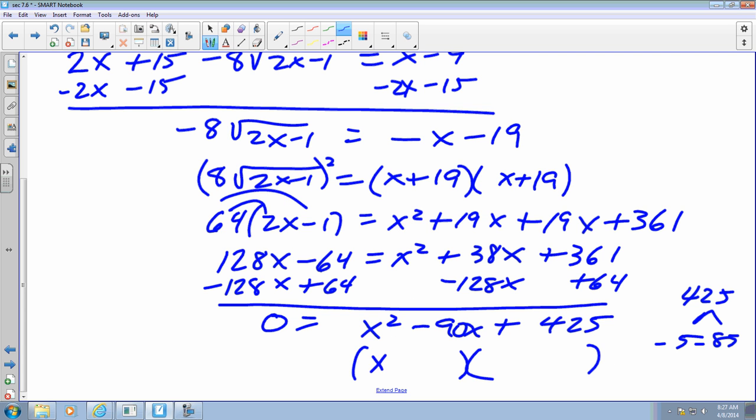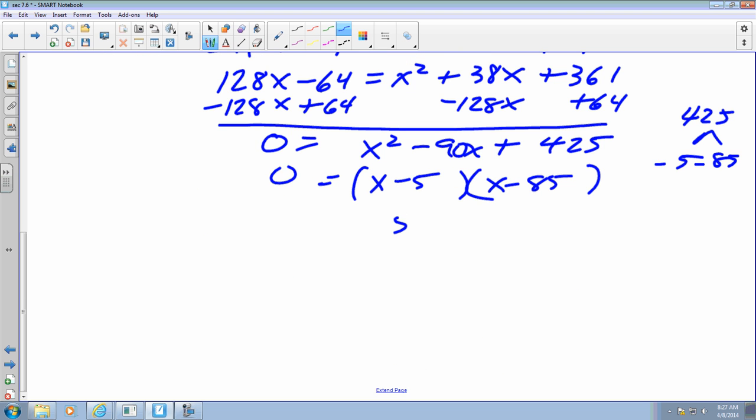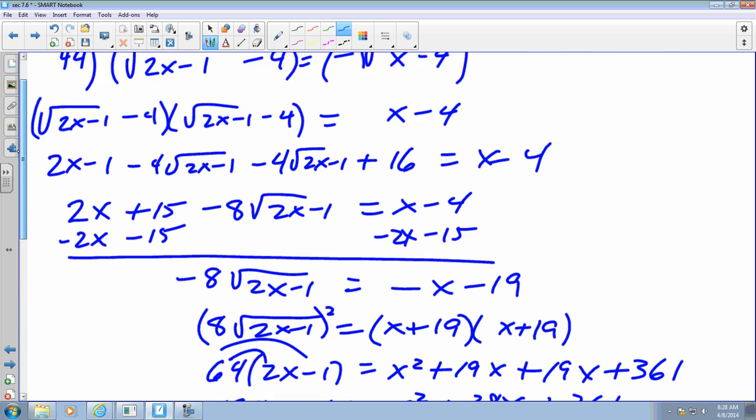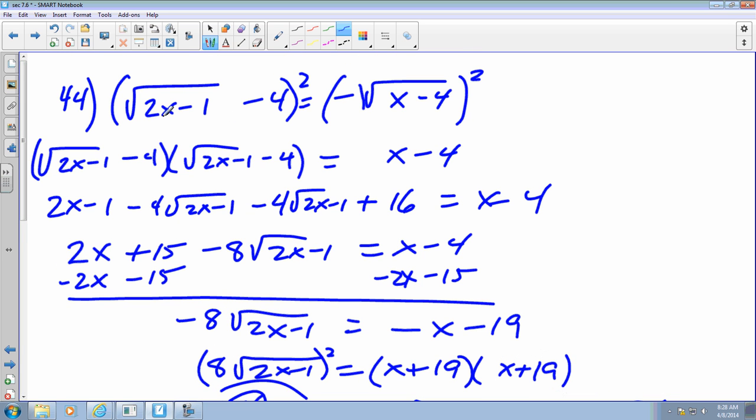And so I get x minus 5 and x minus 85 equals 0. So my two answers are going to be 5 and 85. Now here's where we start talking about extraneous roots. If I plug 85 back into the original question, if I take 2 times 85, I get 170. 170 minus 1 is 169.